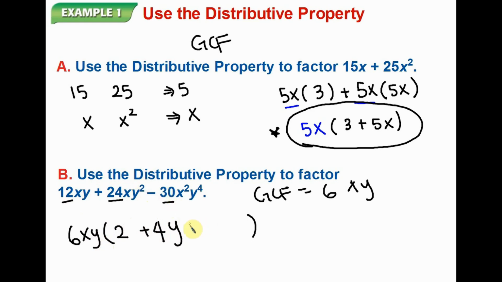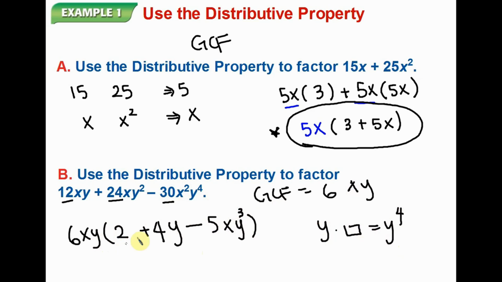The next term I will deal with the negative now. 6 times 5 gets 30, and then I need one more x, so x times x is x squared. And y times what gives you y to the 4th power? The answer is y to the 3rd power.